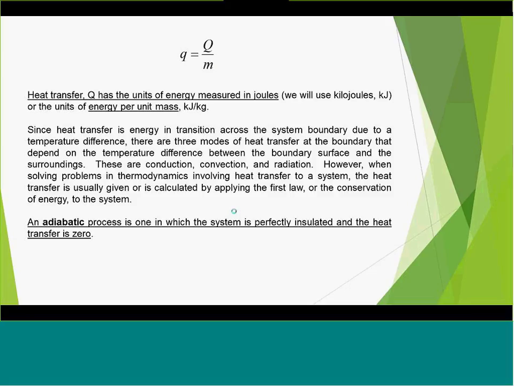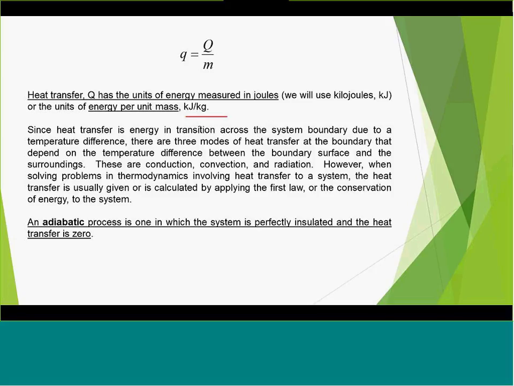Heat transfer is also measured in joules, and you can have energy per unit mass, which is why you have small q. When you have per unit mass, it changes the dimension totally.